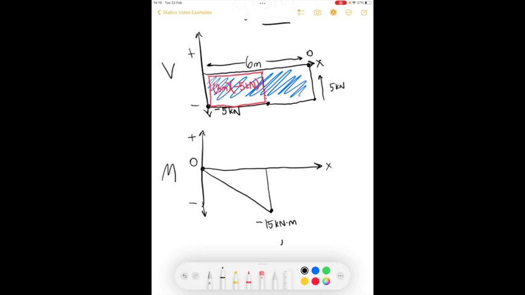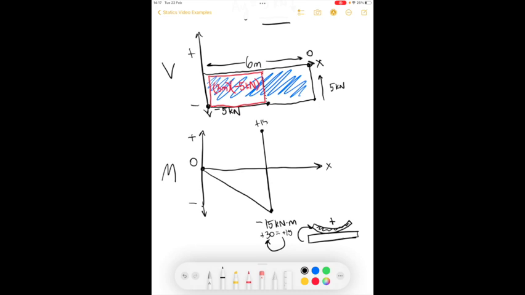Next, we have a moment applied, and this moment curls this way. Does that curl it upwards or downwards? Well, looking on the right half of the beam, it's going to curve it upwards. So that's a positive moment. What that means is we have to go up 30. So from negative 15 to plus 30, negative 15 plus 30 equals positive 15.